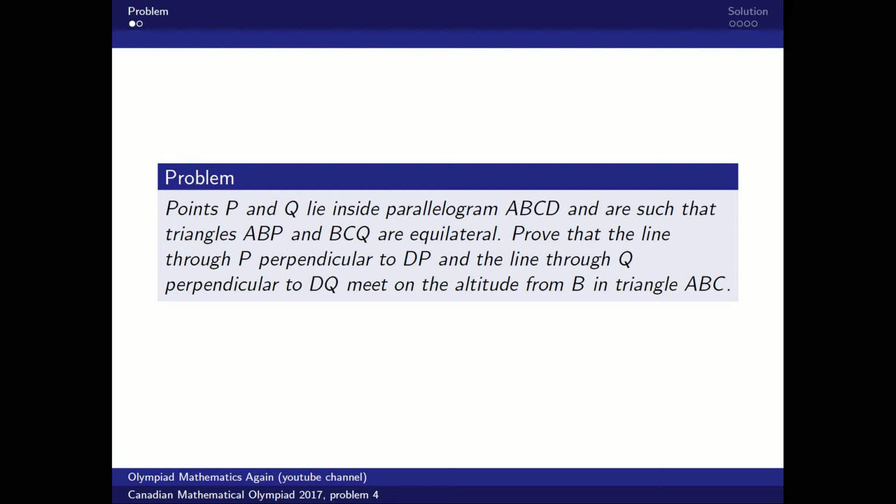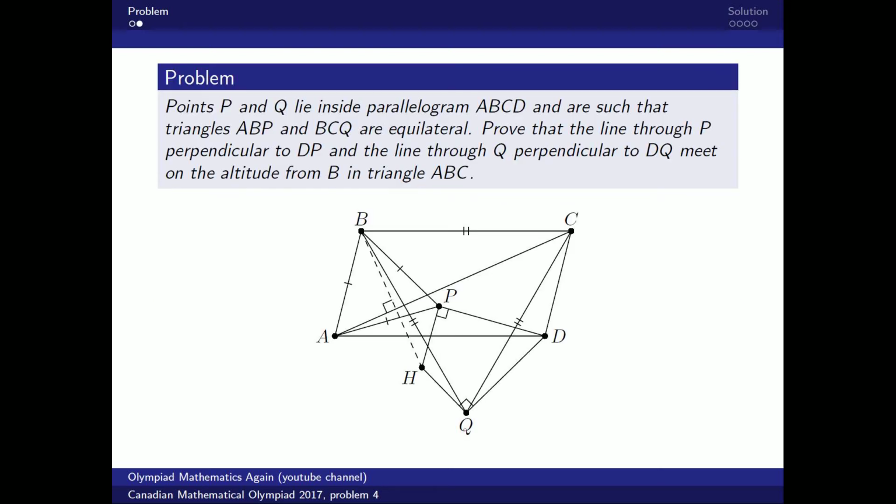So let's look at the picture. Basically we have two equilateral triangles. We have a parallelogram ABCD, and on two sides of this parallelogram, AB and BC, we have two equilateral triangles. So we have two additional points P and Q, the vertices of these equilateral triangles.